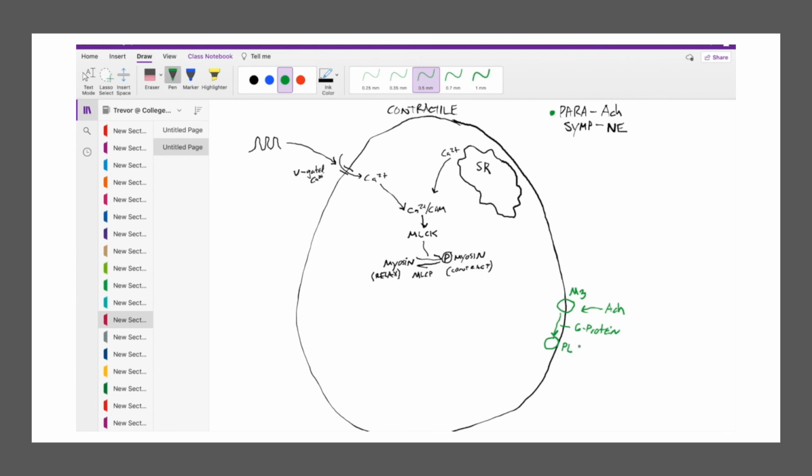Okay, so you can think back to the first week of the block last semester. Remember the phospholipase, that means we're going to split a lipid. And we're actually going to split the PIP2.